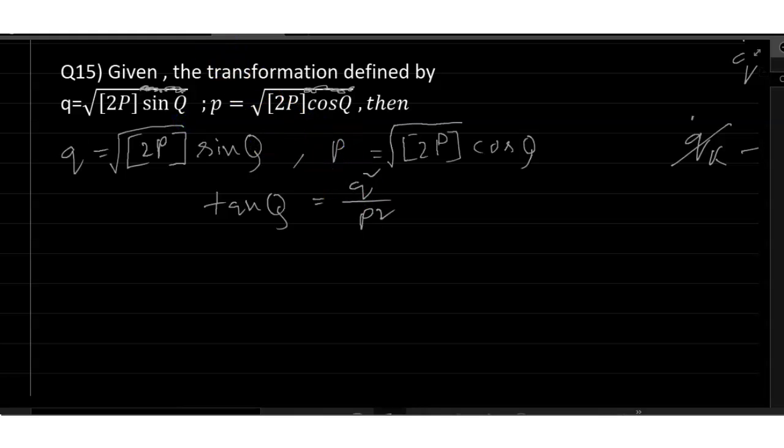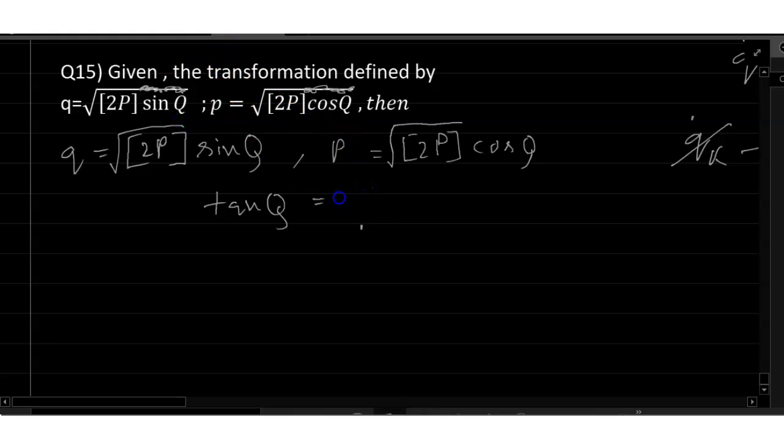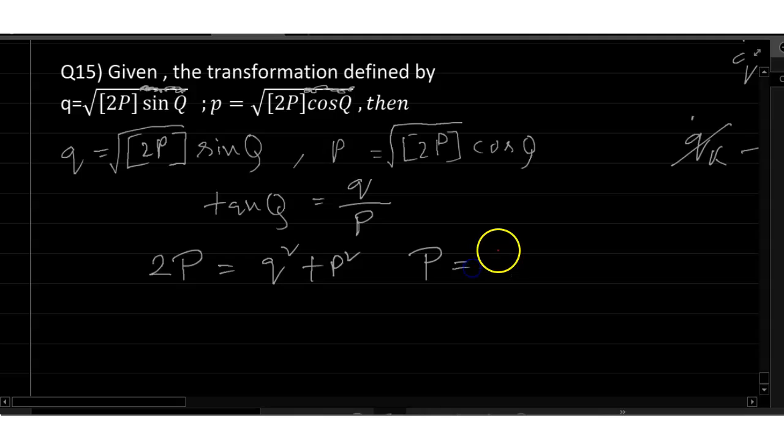The question is wrong and I just corrected it. So capital P is equal to half into (q squared plus p squared).